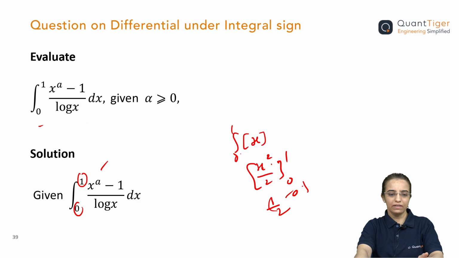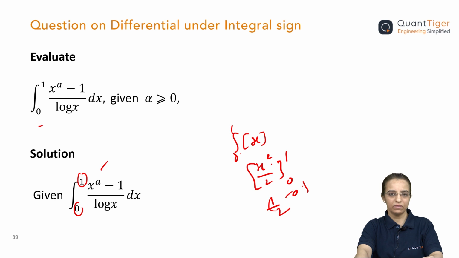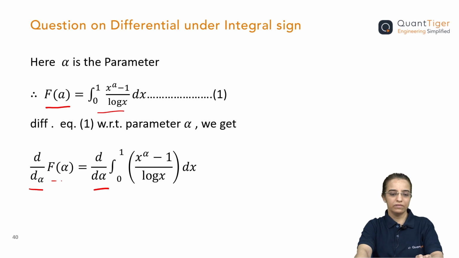So this is again in short what we do. First thing is we find the parameters in the given function, then we differentiate the given function with respect to the parameter, then we apply the Leibniz rule. In the Leibniz rule we shift that differentiation inside the integration sign; we do differentiation under the integration sign.